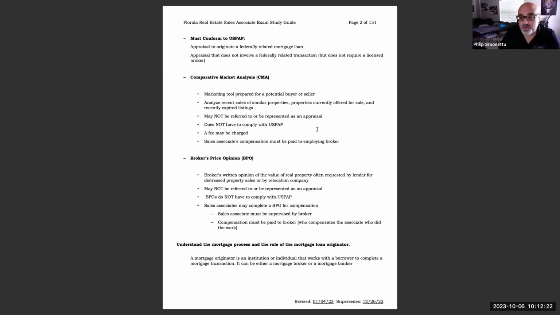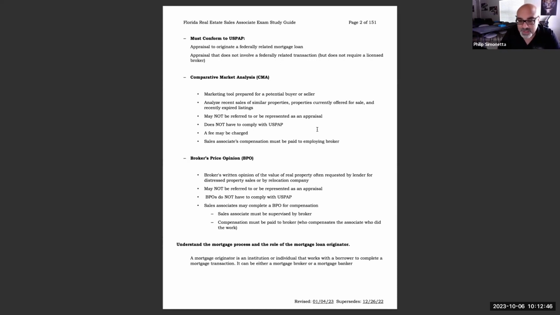And then you have a broker's price opinion. This is a broker's written opinion of the value of real property, often requested by a lender for distressed property sales or by relocation companies. It's also done when hurricane storms come through and the insurance companies want to check on the properties. Also, when you want to remove PMI insurance from a mortgage, they do them as well.